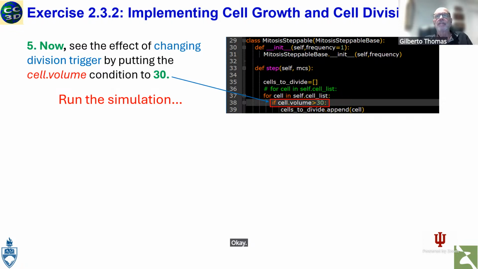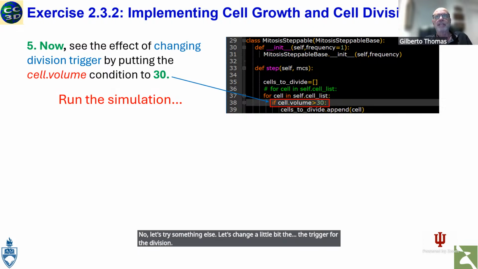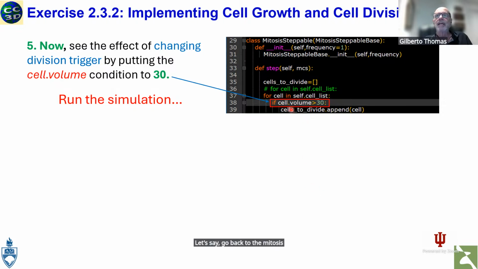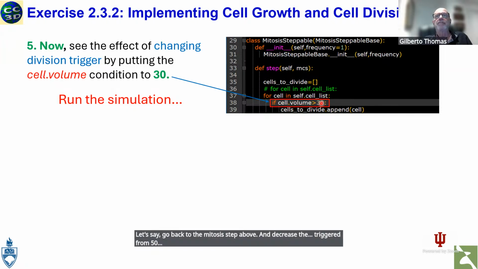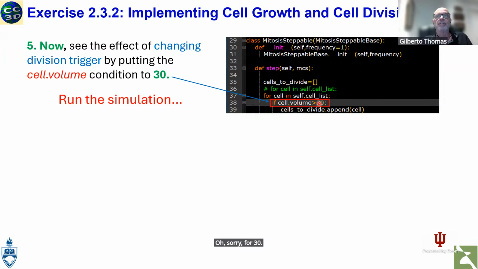Now let's try something else. Let's change a little bit the trigger for the division. So go back to the mitosis steppable and decrease the trigger from 50 to 30. And run the simulation again.